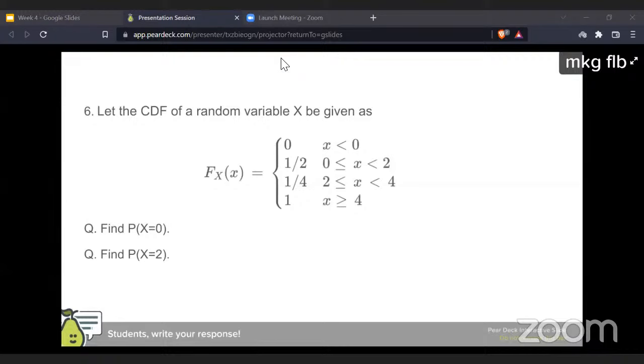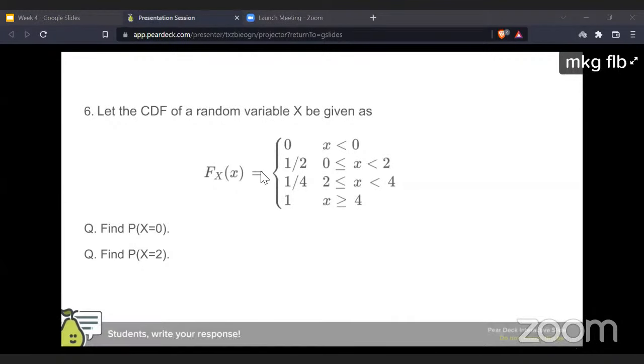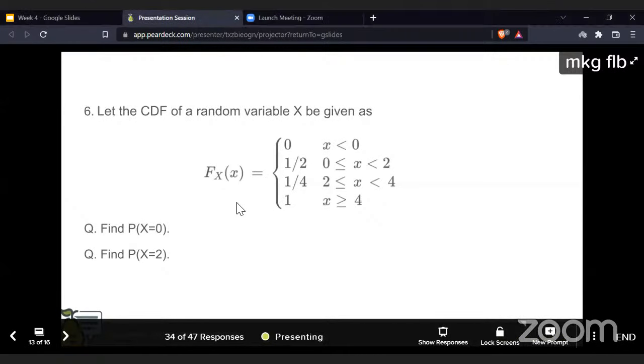And if you want to calculate at x equals to 2, do we subtract 1 by 2 minus 1 by 4? Yes. You have to subtract the difference in the jump. Okay. We'll move to the next problem.